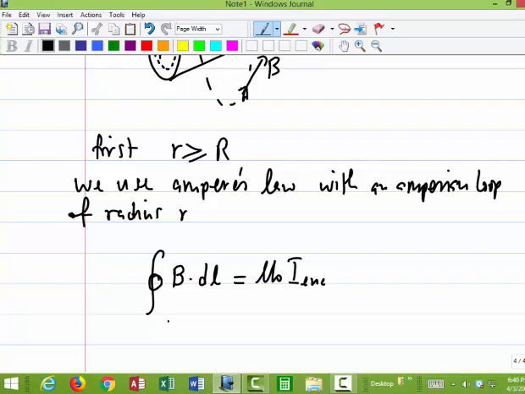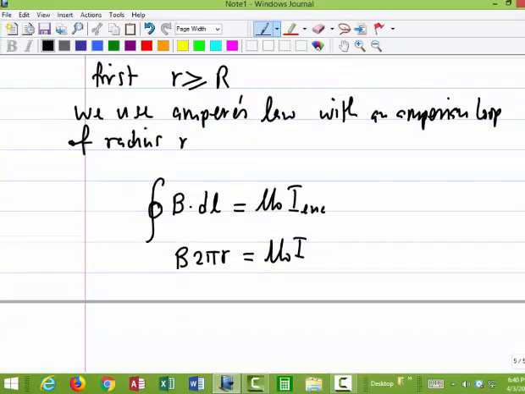So the integral is just going to be B times 2 pi r, and we set that equal to mu naught times the current enclosed by the loop. There's only one current there, so the current enclosed by the loop is I. Basically that is all.